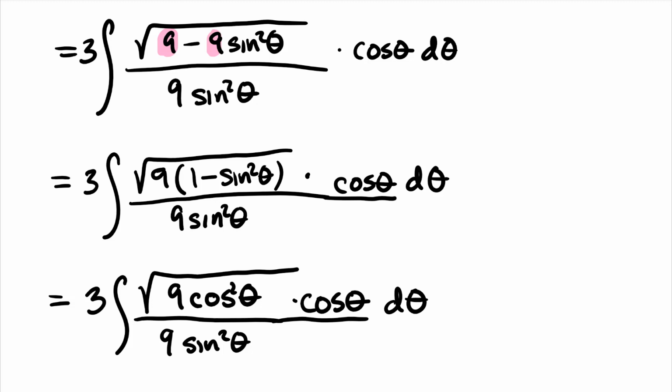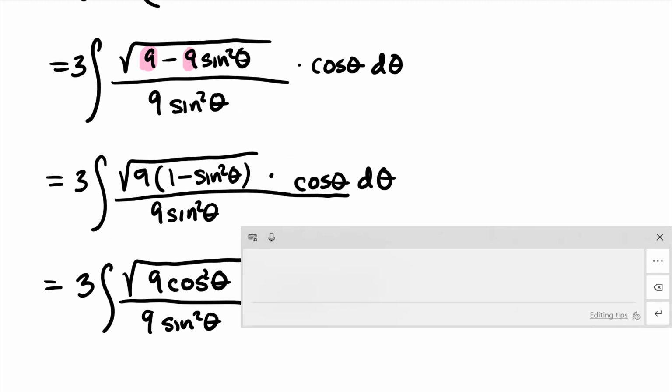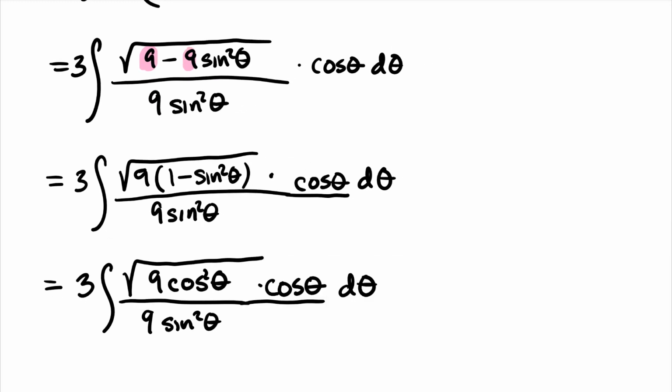Now we can take the square root of cosine squared and call it cosine, but that's only true for theta between negative pi over 2 and pi over 2. That's where cosine's positive, by the way.